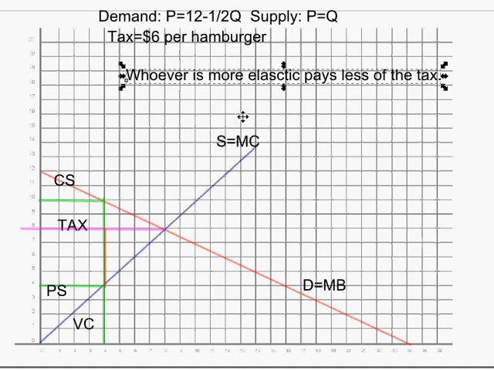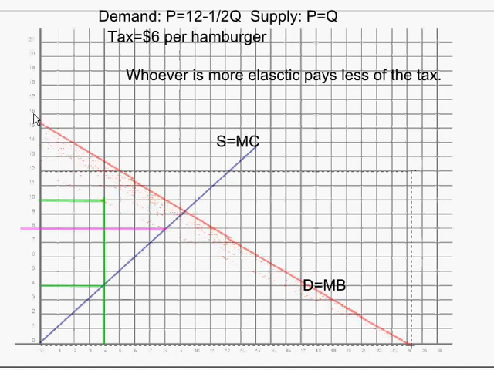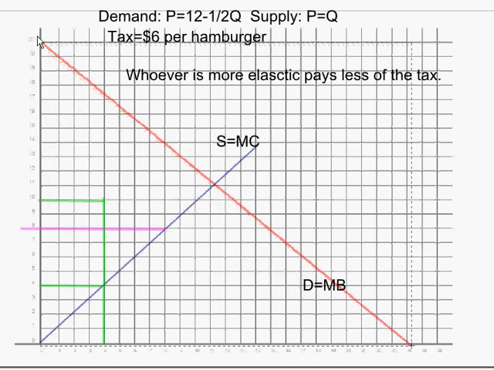Now, how does this change? Let me just show you dynamically what will happen. Let me clean up a couple of these things here so that we can just focus on what's going to happen to who pays how much of the tax. I'm going to take this demand curve and I'm going to move it. I'm going to make it much, much more steep. So let's make it much steeper here, and let's see what happens to the amount of the tax.